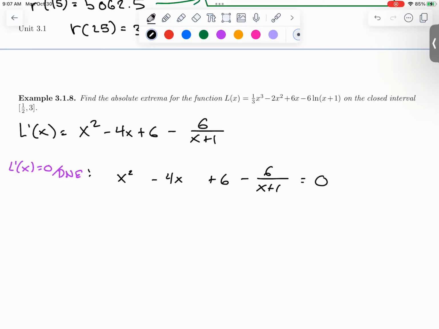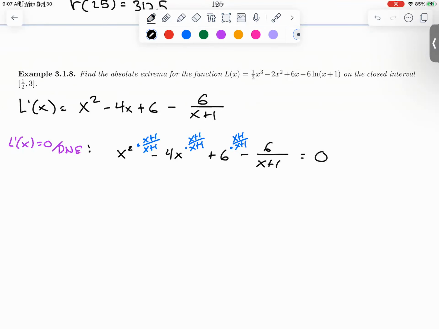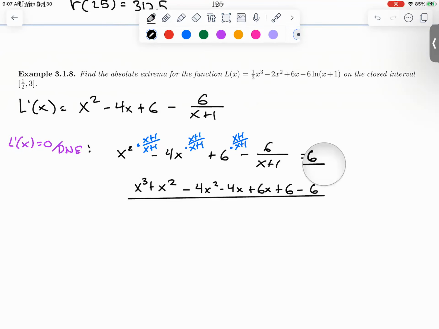Let's see what happens. Multiply this by x plus 1 over x plus 1, multiply this by x plus 1 over x plus 1, and multiply this by x plus 1 over x plus 1. What we'd end up with is x cubed plus x squared minus 4x squared minus 4x plus 6x plus 6 minus 6, all divided by x plus 1, is equal to 0.